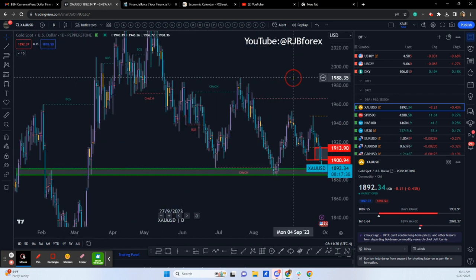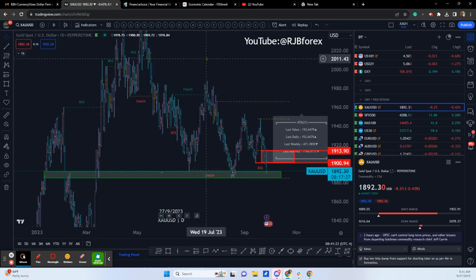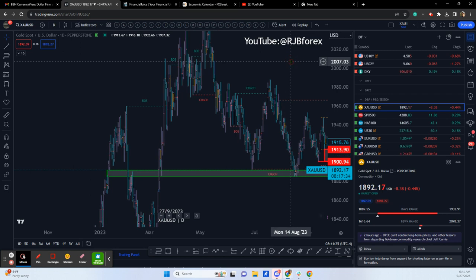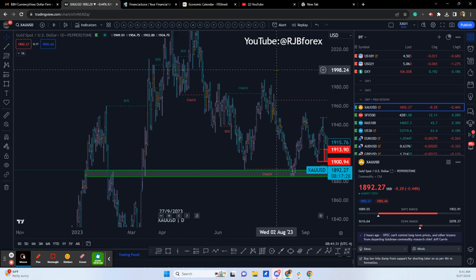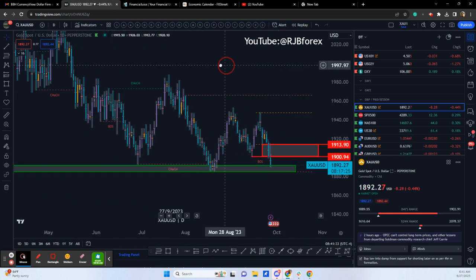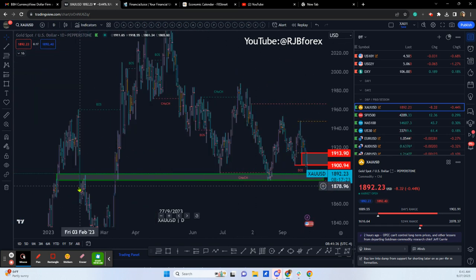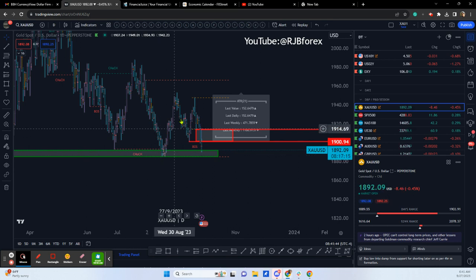I'm sorry if this sounds rushed, but we've got a lot to get through, and not a lot of time left until Wall Street opens at 9:30, 50 minutes away. So we've got a well-respected area: resistance, support, resistance, support, support, support, support.